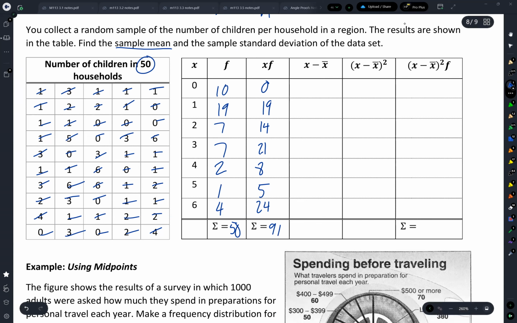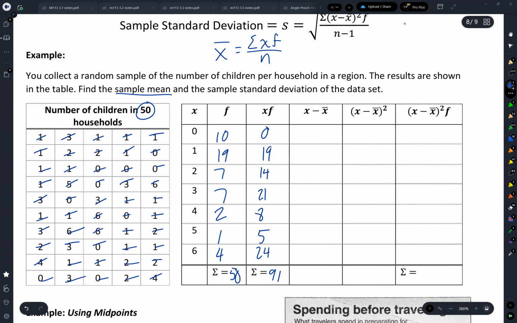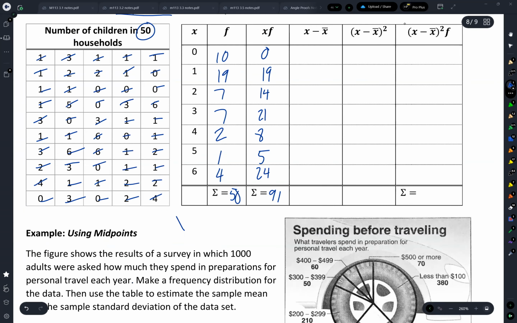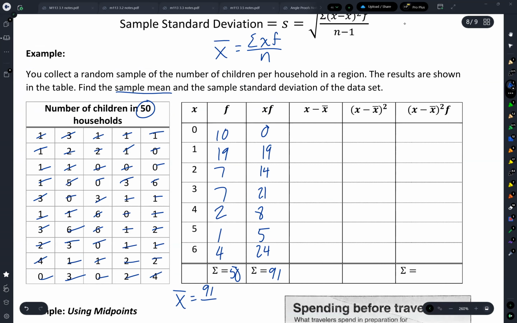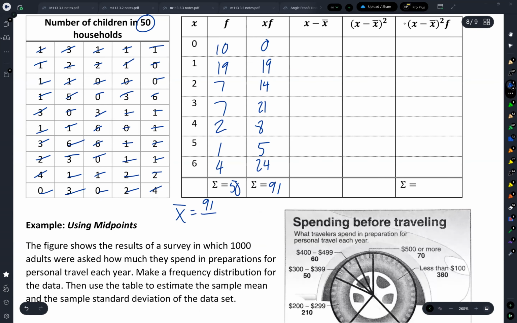If you add all those up, you get 91, which is the sum of xf, the top of our sample mean formula. So x bar is just going to equal 91 divided by the total number of entries, which is 50. You get 1.82.